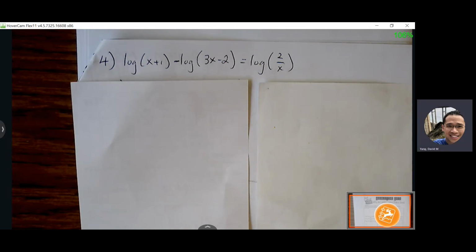Not yet, right? What should we do first? Yeah, quotient probably, right? I need a one-to-one equation before I can take the logs out. So let's merge the two log statements together. That's the quotient property. Log u minus log v can be log of u over v.